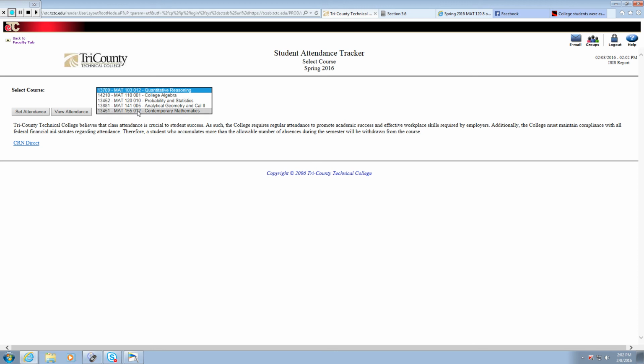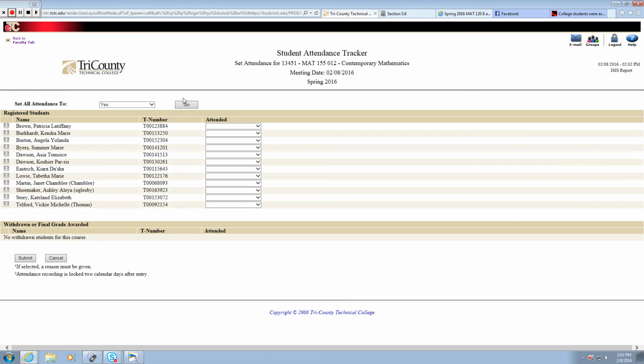I'll have to get a t-shirt for them. Hey, I'm Lowy and I'm the blonde girl. All right, Miss Brown is here. Miss Burkhart is not here. Miss Burton said she wasn't going to be here, something about having to take care of her grandmother. I told her her priorities were messed up. Byers, Dawson and Dawson were here. Eastridge is here. Lowy is not here. Shoemaker's here. Story and Telford's here.